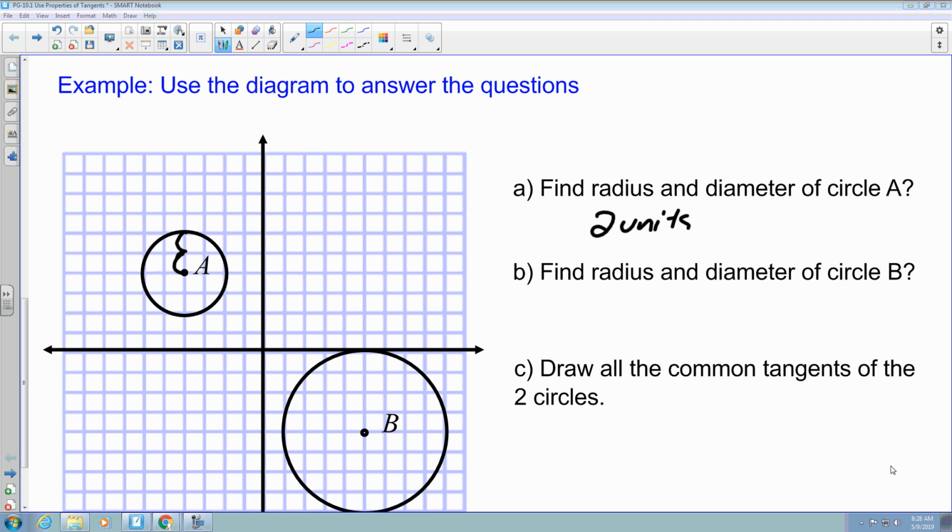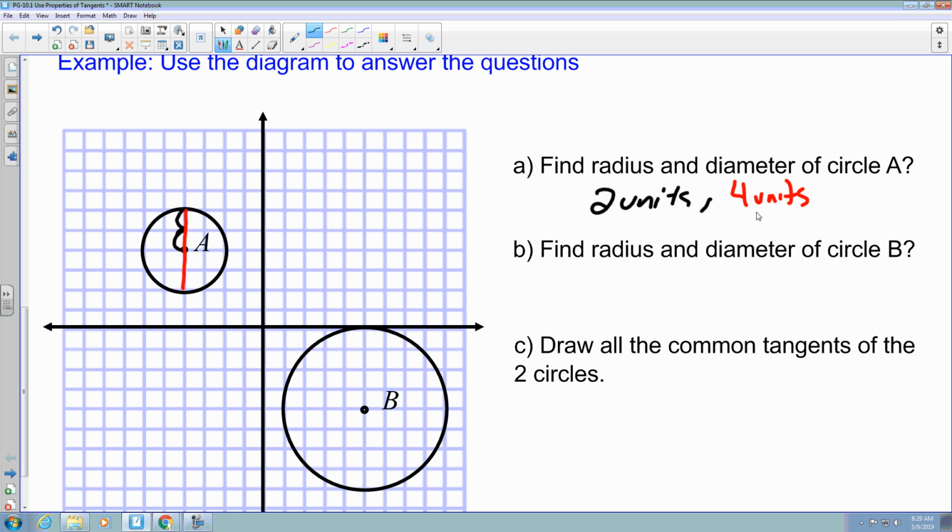Oh, I'm sorry, you want the radius and the diameter of circle A. So if I go here, just changing the color, it's going to be 1, 2, 3, 4, 4 units. Looking at the radius and diameter of circle B, looking at B, it's going to be 1, 2, 3, 4, so it's 4 units.